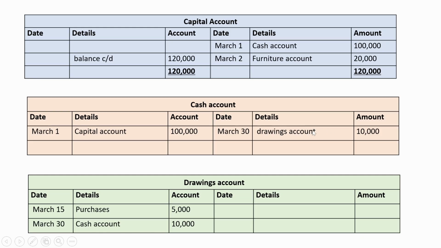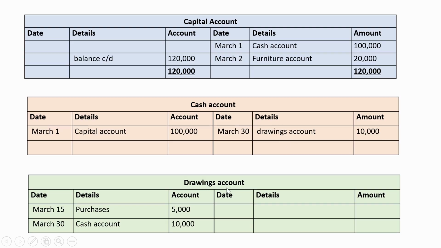So all business expenses, we just use the name of that expense. But all personal expenses, they are drawings, and we don't use the name of the expense. If you take money to pay for your child's school fees, we are not going to write here school fees as the expense. We are going to write here drawings, because any money that you take out of the business for your own personal use becomes drawings.